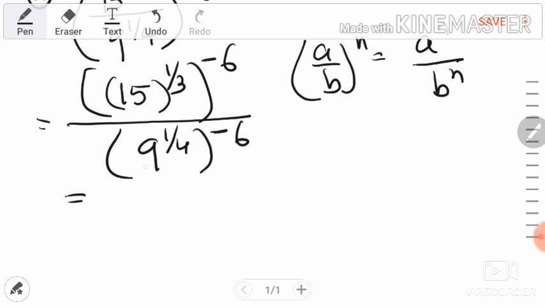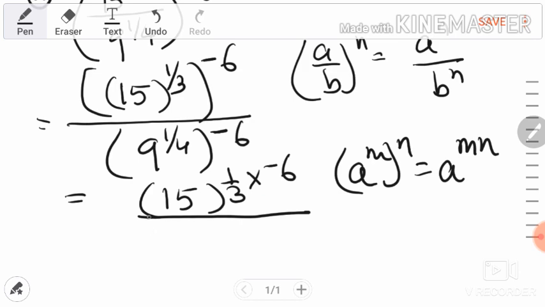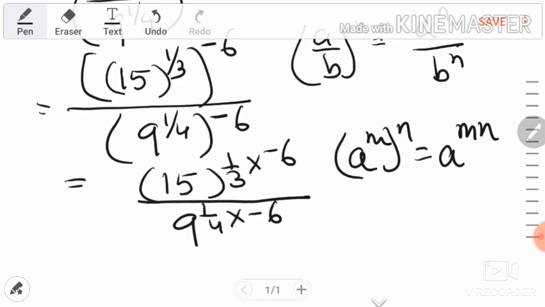This will be written as 15 to the power 1/3 multiplied by minus 6. We are using this law, (a^m)^n is equal to a^(m×n), divided by 9 to the power 1/4 into minus 6.